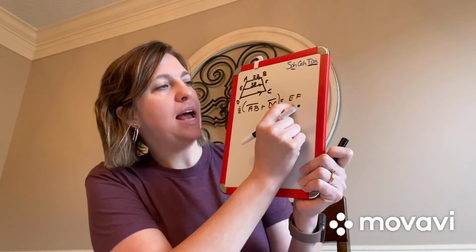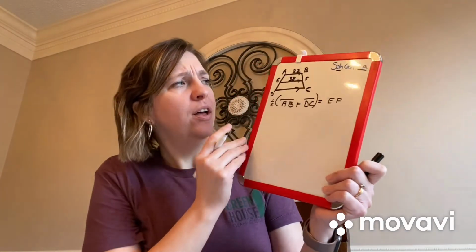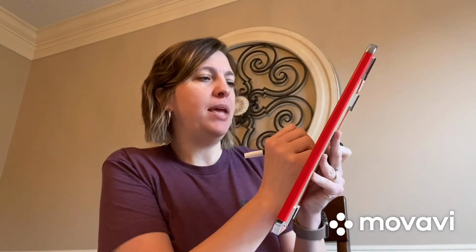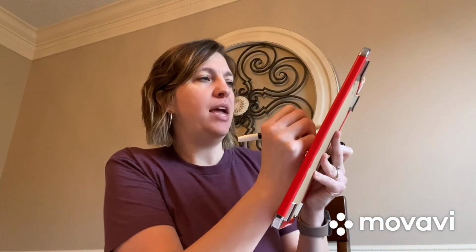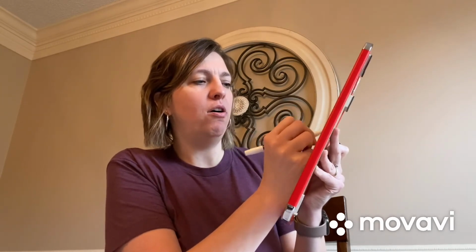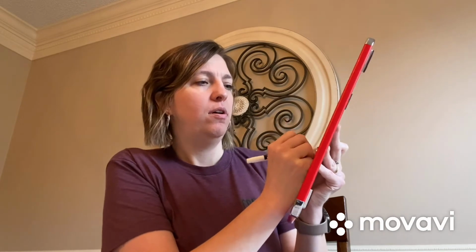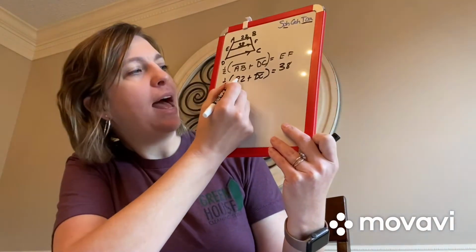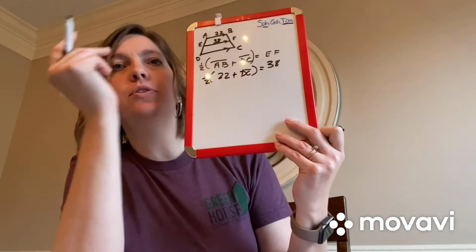That gives me EF. Well, let's go backwards. I know that AB is 22. I know that EF is 38. How am I going to solve for DC? So I plugged in everything I know. 1/2, 22 plus DC equals 38.